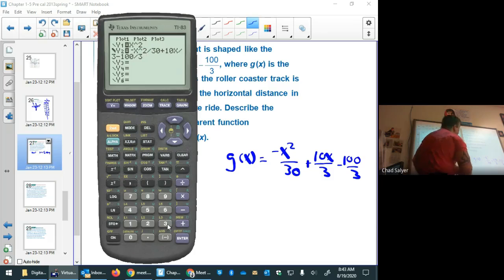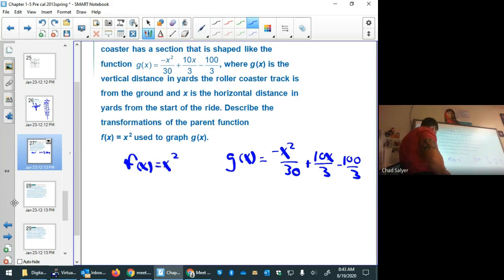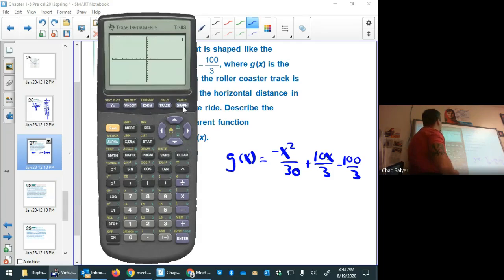So this first term, we see it's multiplied by a negative, so that's going to be a flip over the x-axis. The second term is going to relate to a horizontal translation of some sort, and then the third term is going to be a vertical translation of some sort. Let's graph it and see.